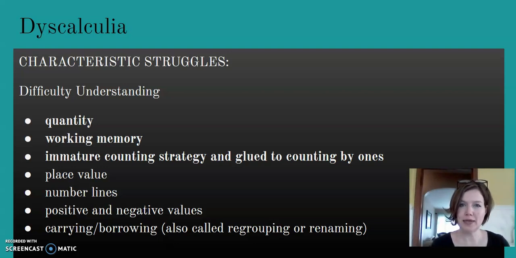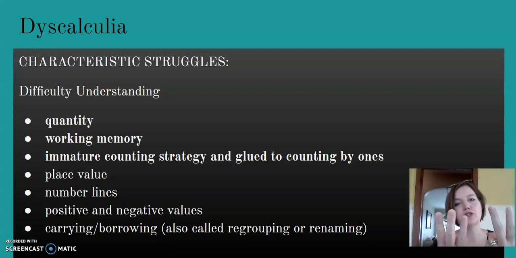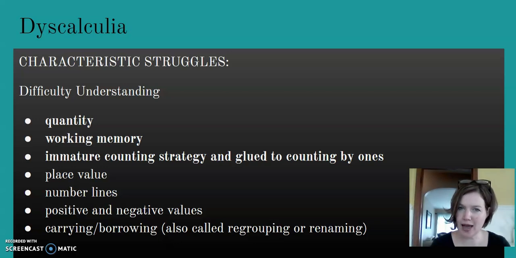So for example, in immature counting strategies, taking 3 plus 2, the student would go 1, 2, 3, 1, 2, and then they'd have to start at 1 and count the whole fact: 1, 2, 3, 4, 5. They wouldn't be able to count on easily. That would really have to be taught over and over to this type of student. Using strategies like near facts would not come easily to them.